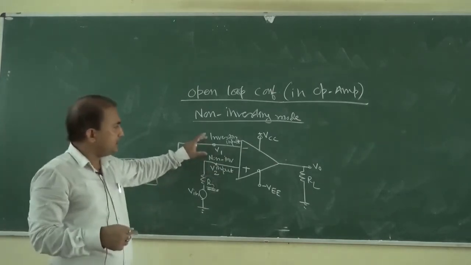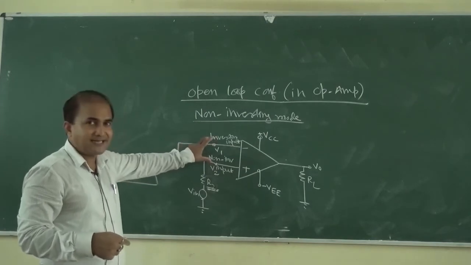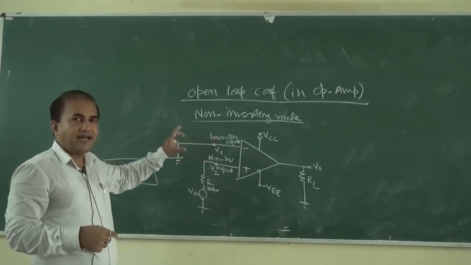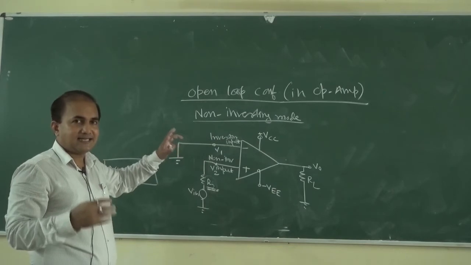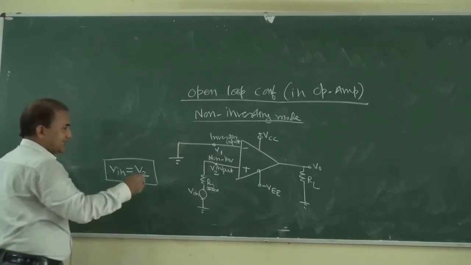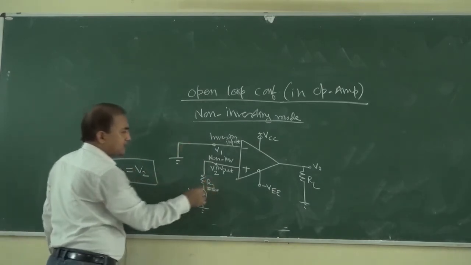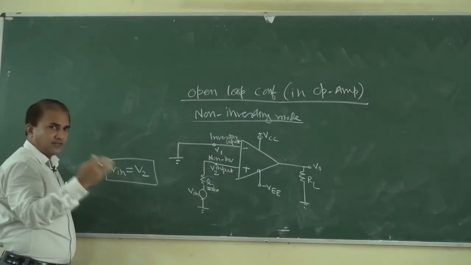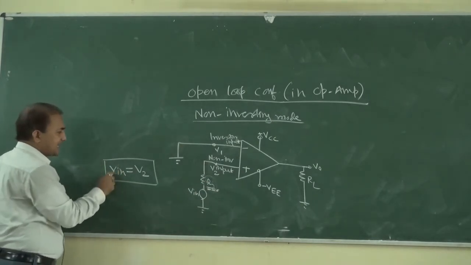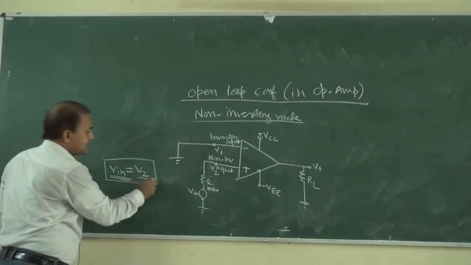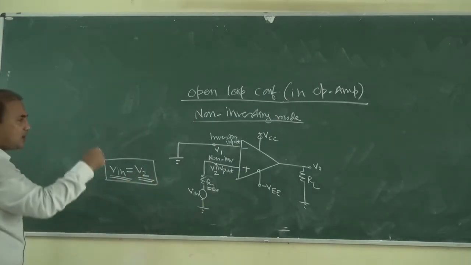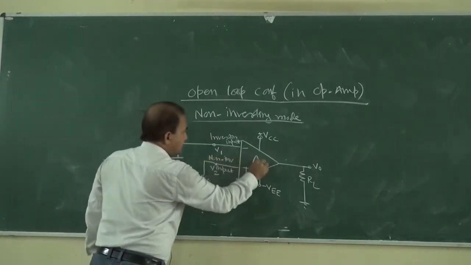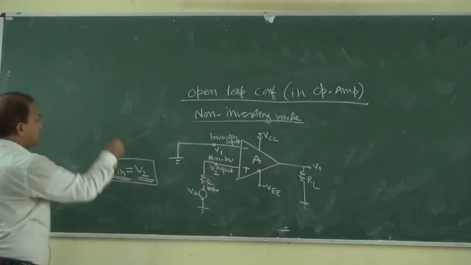Why? Because the input resistance of the operational amplifier is very high. In ideal case it is infinite. So we can consider the voltage drop across R2 almost equal to 0. So in that case we can say that Vin is equal to V2. So how can we write down the expression for V out?